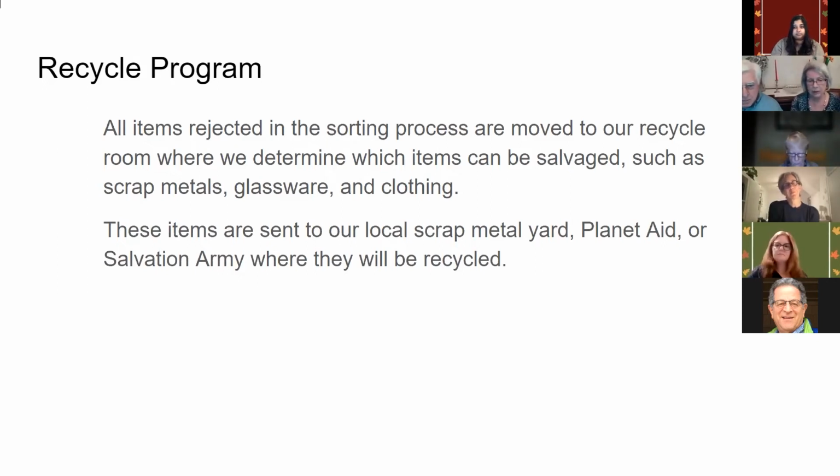For clothing, we partner with Planet Aid, who takes the clothing that we can't use. We can't keep clothing on the floor forever. So if after 3 months it doesn't go, or if it's not usable, Planet Aid will take it where they recycle it into rags or paper, possibly.